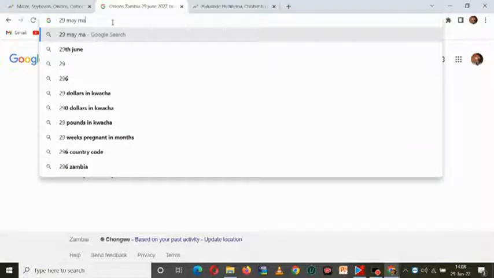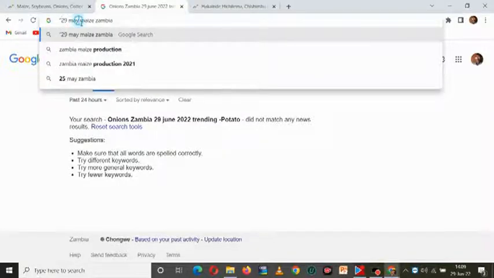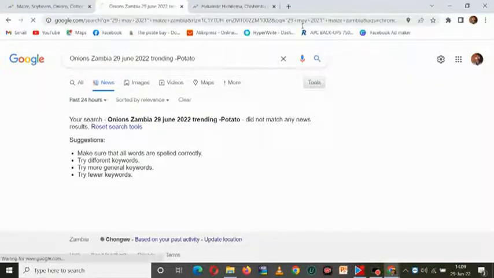So we'll say maize, Zambia. So what could have triggered this? So this 29th May 2021, we can put it in quote so that it stands out. Maize, Zambia. So let's try to search.